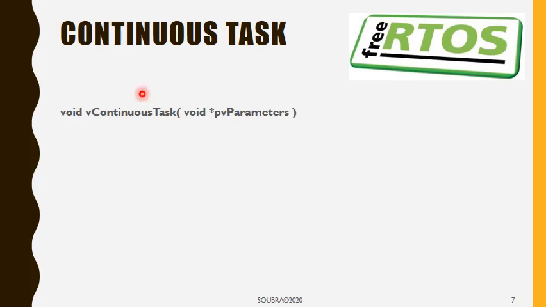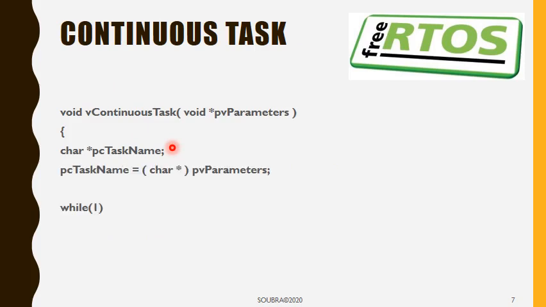Alright, so the continuous ones, same body, and definitely we're going to use the parameter, so I'm going to put it inside the task name, getting it from here to here, inside here. Alright, continuous one, so perpetual loop, and just spit it out, and that's it. So the difference in the messages will happen through this parameter here.